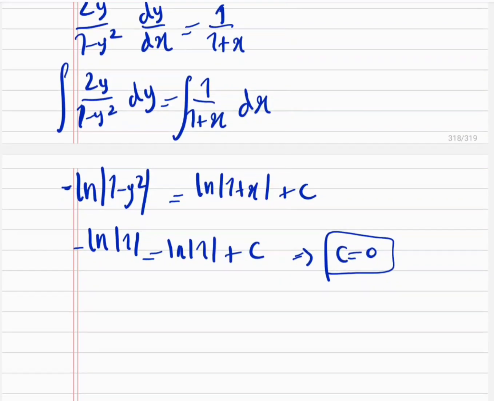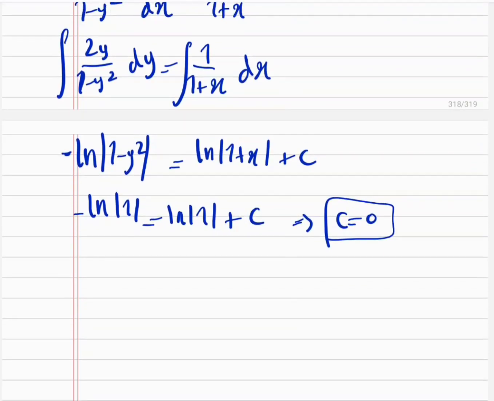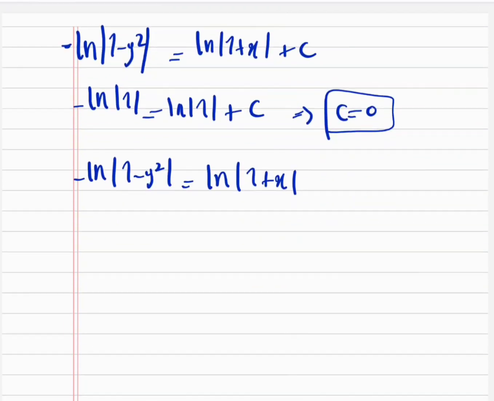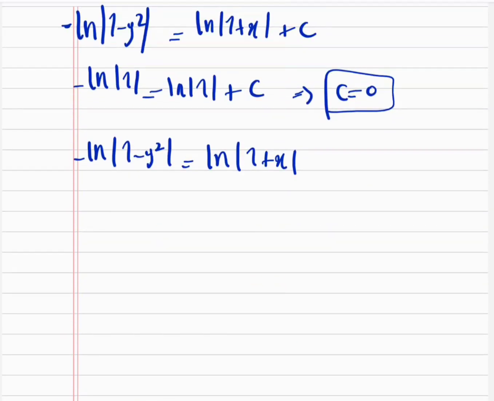Therefore, for the solution, we'll have minus ln of 1 minus y squared is equal to ln of 1 plus x. But remember that the question is asking us to give the final answer in the form y is equal to g of x, so we can take e to the power of both sides.